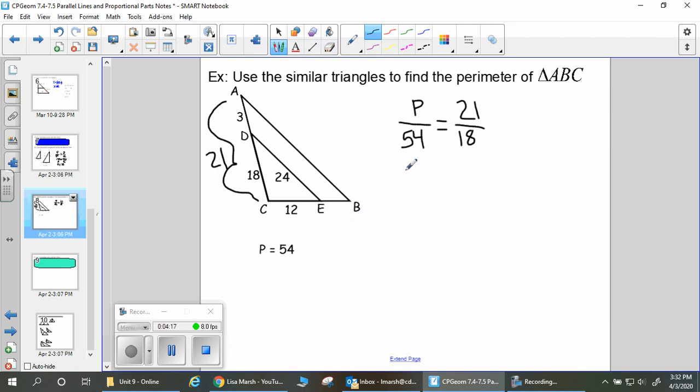And so cross multiply, oops, here's your 18p. 54 times 21 is going to give you 1,134. Divide both sides by 18.